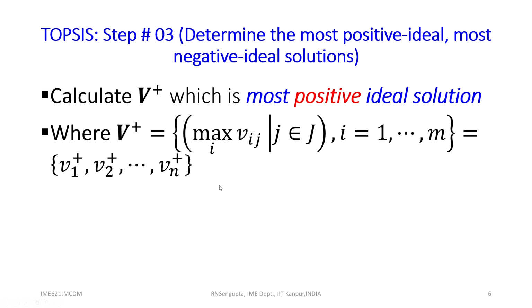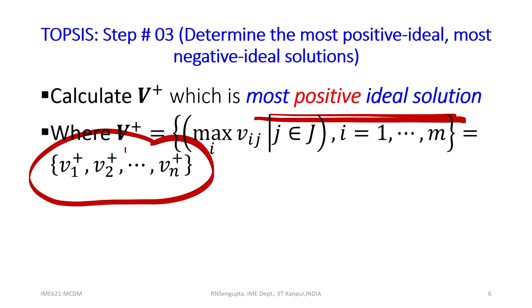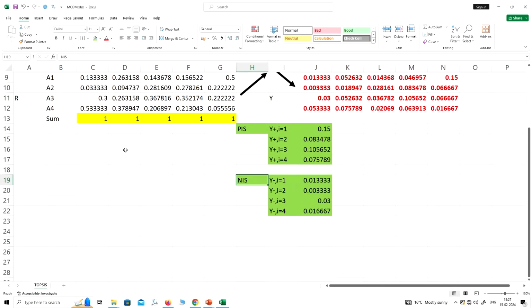Here we need to find V plus, which is y, the values which I have calculated. As mentioned, this is the most positive ideal solution. The values V 1 to V n depend on the values as calculated.